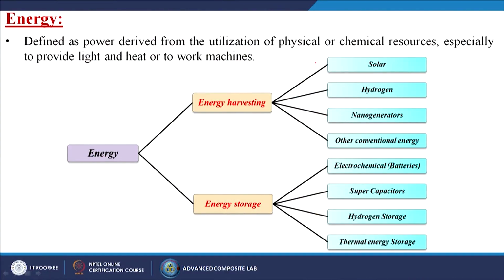Next, if we talk about energy storage, the first thing that comes to our mind is batteries. From childhood we have been seeing them. There are two types of batteries. One is the primary battery, where we generate electricity inside it, and after some time we take out the energy, and when it is finished we throw it away and purchase a new one.